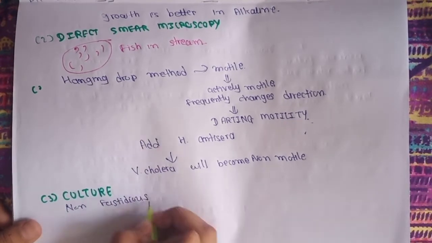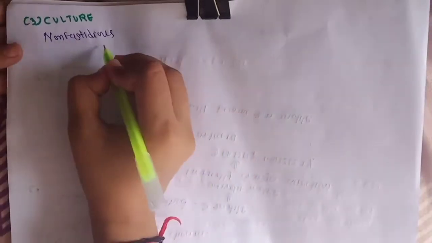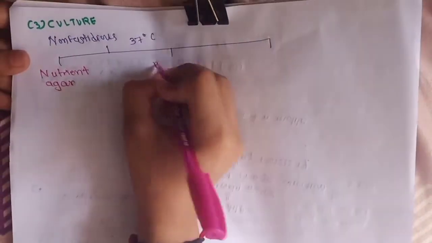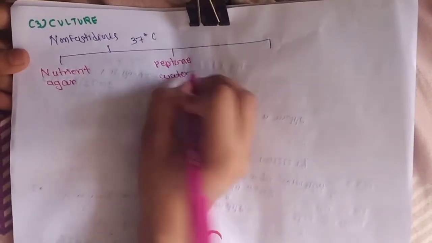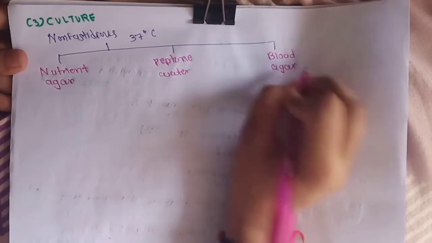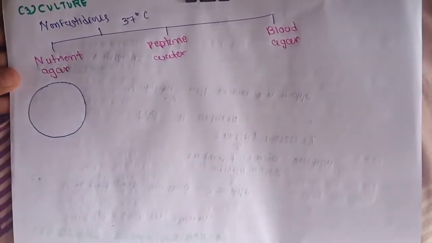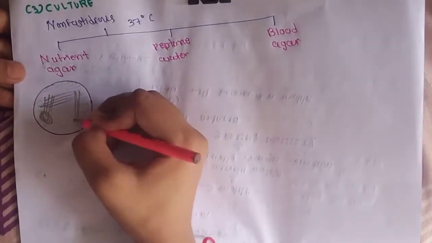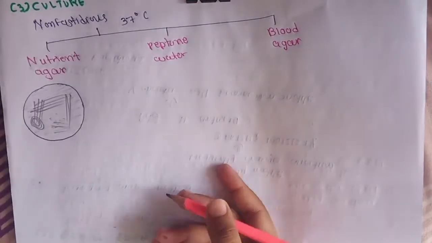Now the third method, culture. V. cholerae is non-fastidious, so it will grow on incubating at 37 degrees Celsius in nutrient agar, in peptone water broth, and also in blood agar. In nutrient agar, it will give translucent colonies, and in transmitted light it can give a bluish tinge.